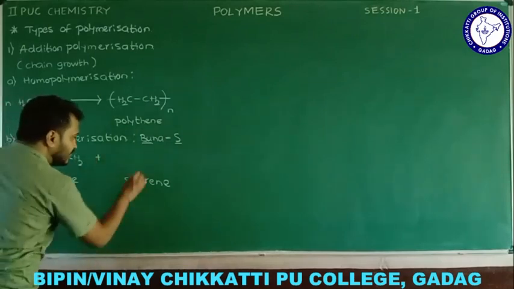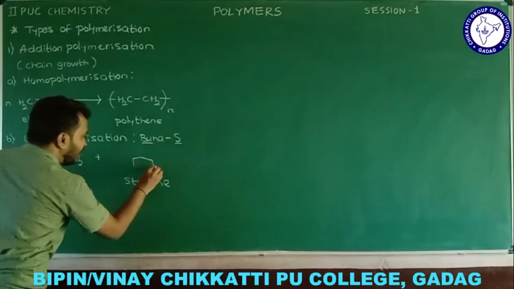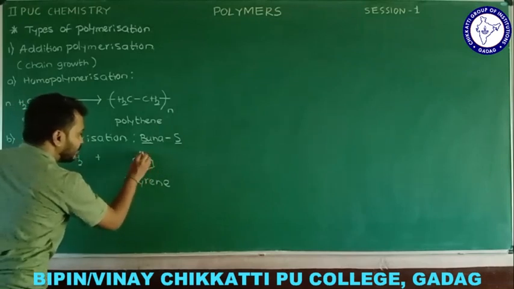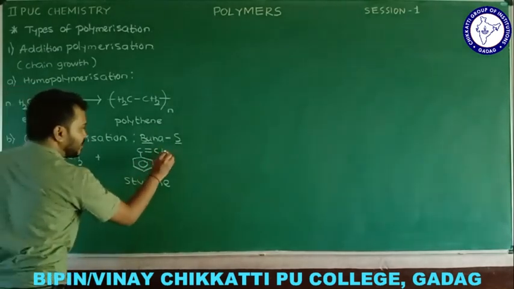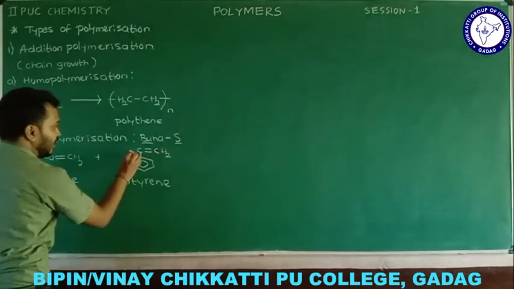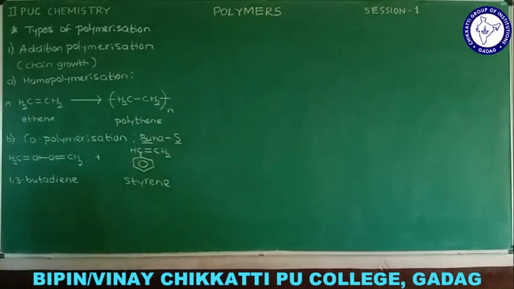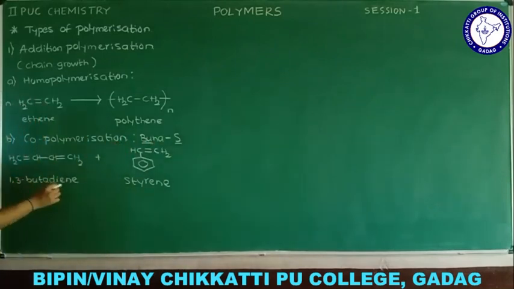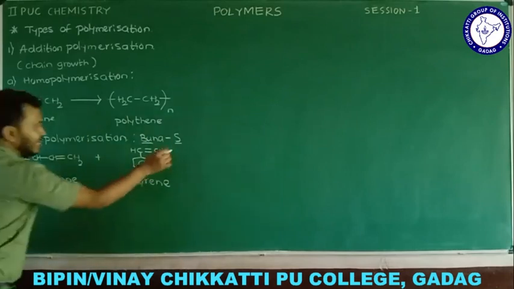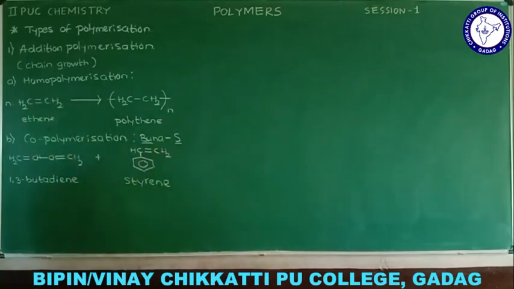What is that actually? Styrene is the one more monomer, with a benzene ring, C double bond C we have, and balance with hydrogen. Here I am going to write H2, and here I am going to write H, and that would be the structure of styrene. So these two are the monomers of Buna-S. Bu stands for 1,3-butadiene, that is one monomer, and S stands for styrene, that is one more monomer.